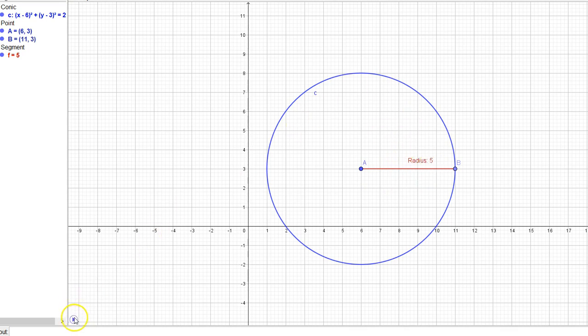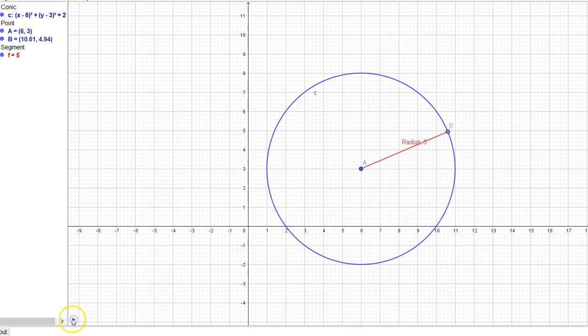Let us turn it around and see. Anywhere you go on the circle, wherever you move, see the point B is changing here. Its coordinates are changing, but the radius continues to be the same. Because this is a given circle and its radius is 5, the distance from a point on the circle to the center of the circle is the same 5 units.